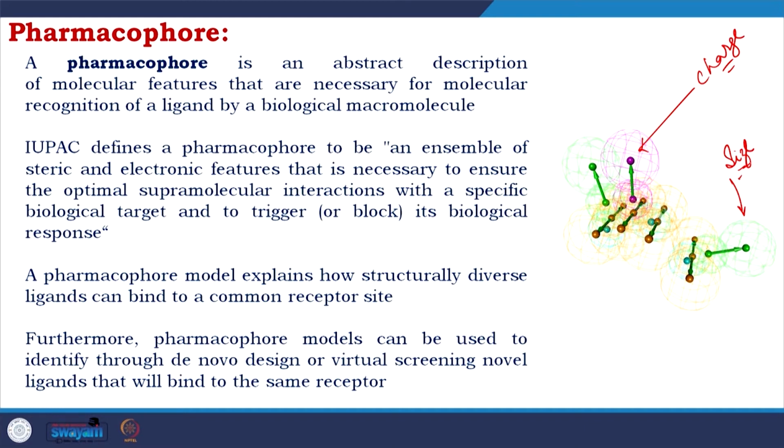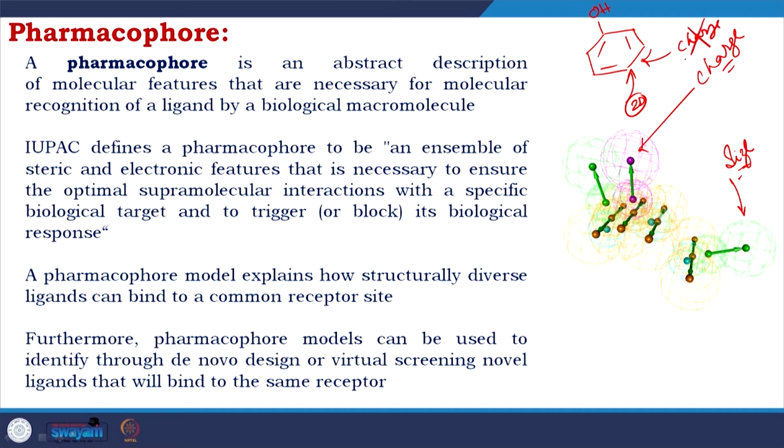So, basically what we are doing when you look at a molecule, like you are looking at this molecule, you look at it in 2D, you do not see the charge.